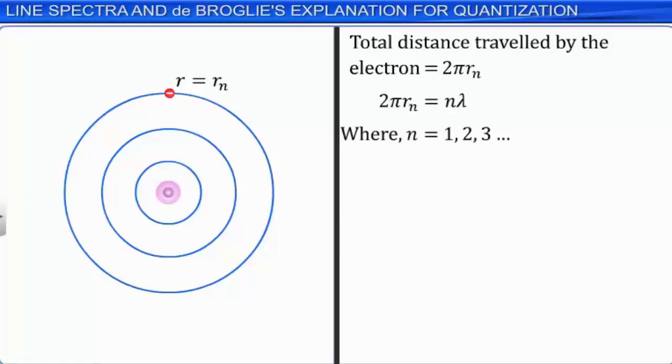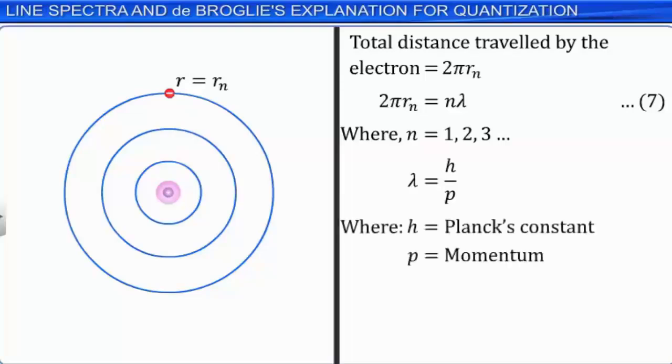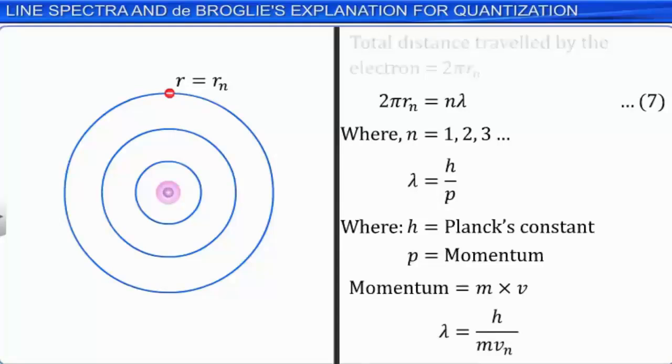We know that de Broglie's wavelength corresponding to the motion of a particle having a momentum p is given by lambda is equal to h by p. Here, h is Planck's constant and p is its momentum. As momentum is the product of the mass m and the velocity v, we have lambda is equal to h by m vn. Here, vn is the velocity of the electron in the nth orbit.